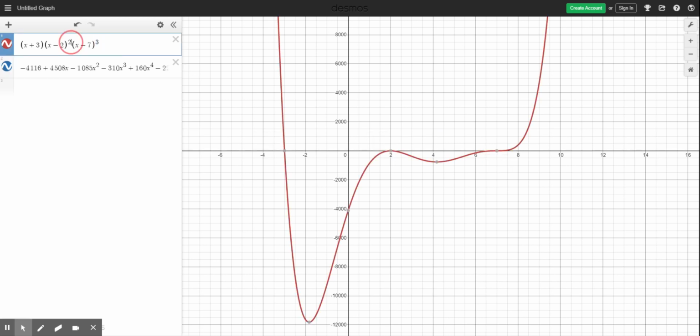Like we see here with the multiplicity, if we add up those exponents, x to the first, so 1, plus 2, plus 3 is 6, giving us the exact same highest order exponent that we have in the standard form. So understanding all of these things together is going to give us a better visual picture of any polynomial that we have before we even get to see the graph.